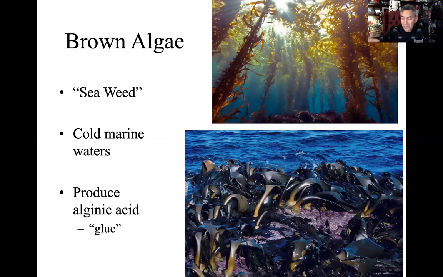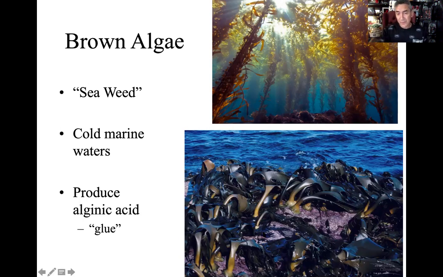But washed up on the shore, we see a lot of these strands of seaweed. And what you consider seaweed is this type of brown algae that thrives in cold water. It has an important ecological role in that Pacific coast area.